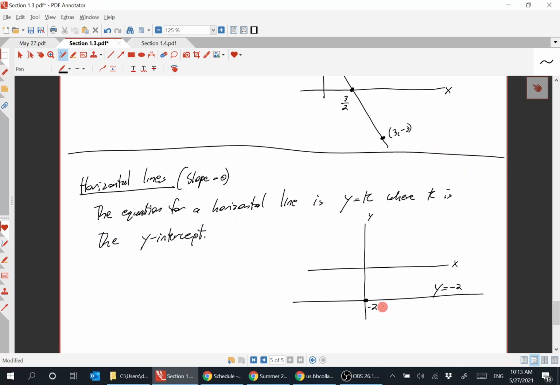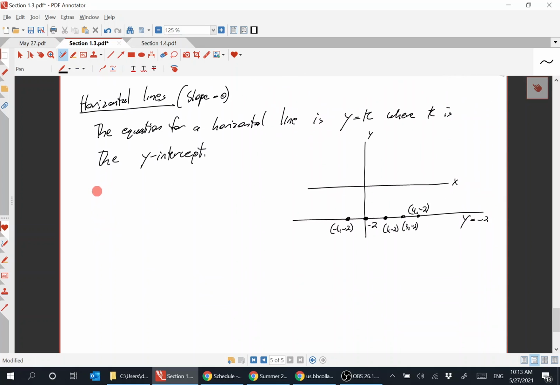Alright, so this is (0, -2), this is like (1, -2), (3, -2), (4, -2), so on and so forth. (-1, -2). All right, so when you say y equals negative 2, you mean this horizontal line.